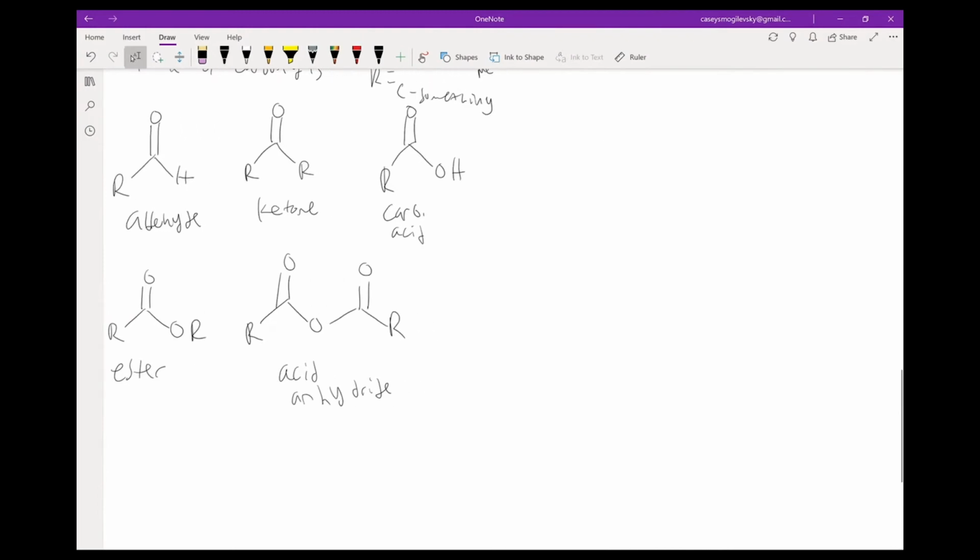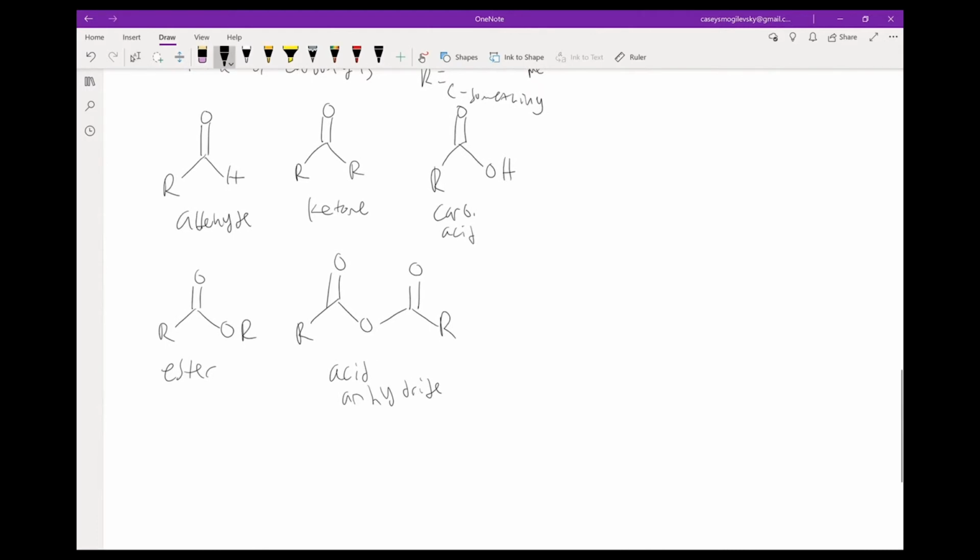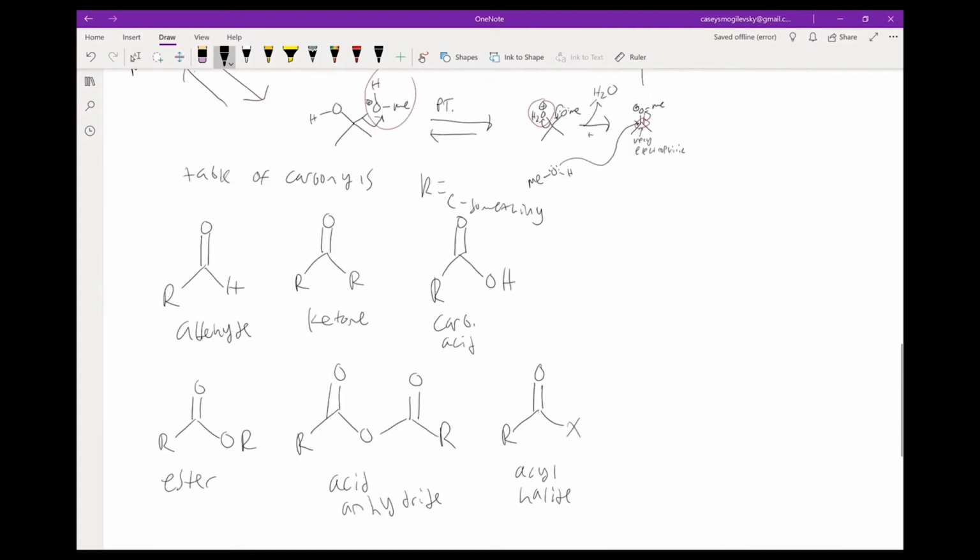And finally, of the common carbonyl groups, we have acid halides. And I'm going to denote this as an X. Oh, actually, I did forget to mention one. Amides. Amides in the carbonyl sense of the word.